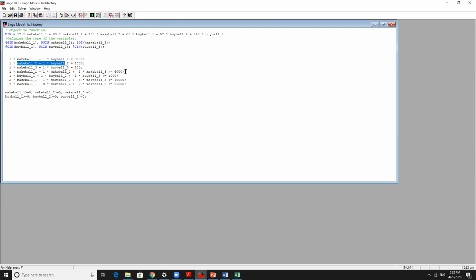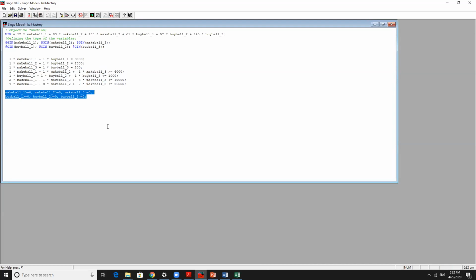Also, we know that we should at least make 4,000 balls, either ball 1, 2, or 3. And the purchase should be less than 1,000. We have a budget cap and labor cap. And we know that our decision variables should be greater than or equal to 0.